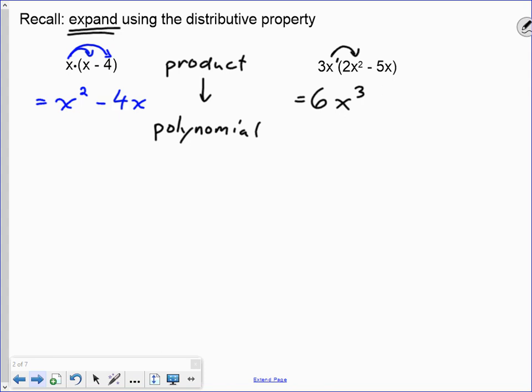Then we do our second multiplication, 3x times negative 5x. The 3 times the negative 5 gets us negative 15. The x times the x, adding the exponents, is x squared, because that's an x to the 1 and an x to the 1. And in this one, we're doing the same thing again. We're taking our product, 3x times the stuff in brackets, and expanding it out to get a polynomial.